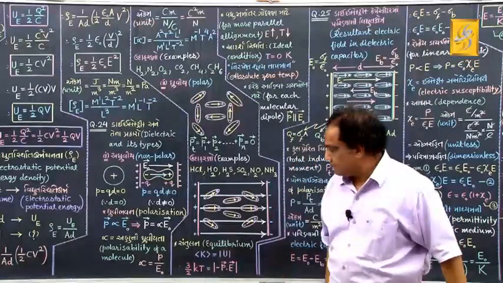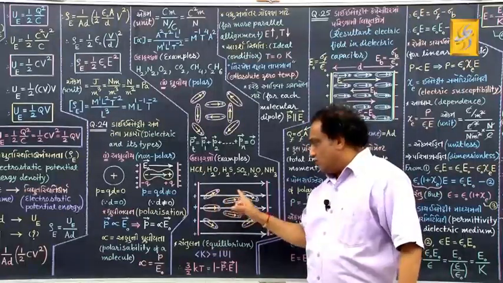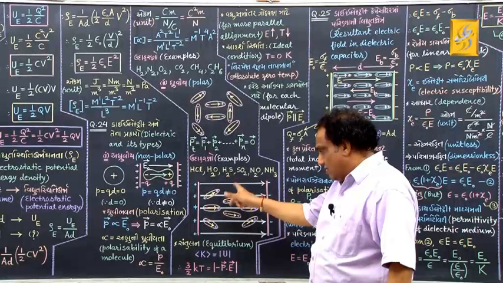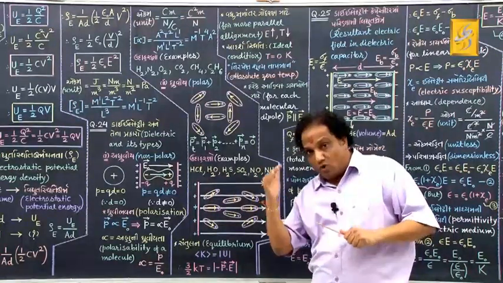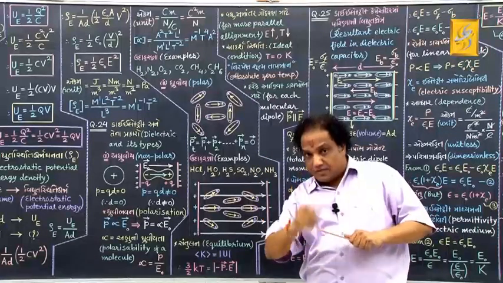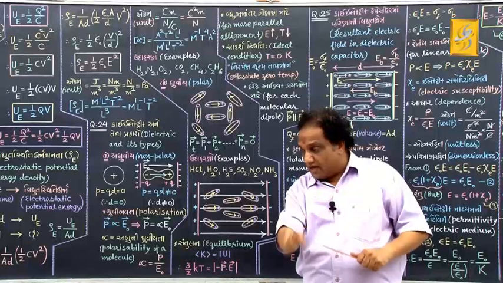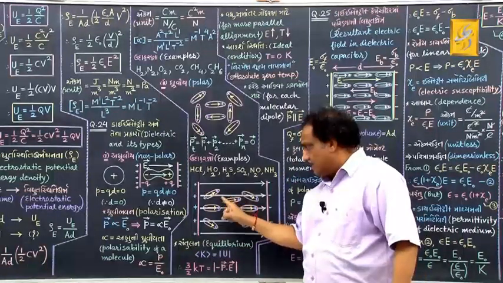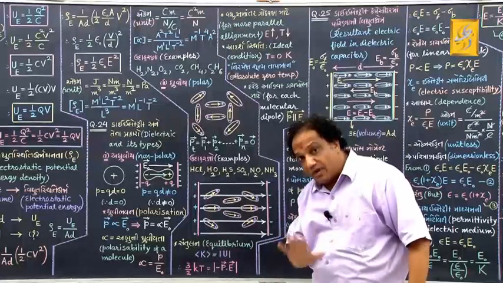Got it? Now, if you want the dipole to be aligned more and more parallel to the applied electric field, you can do two things at a time. You can increase the strength of the externally applied electric field, and at the same time decrease the temperature.